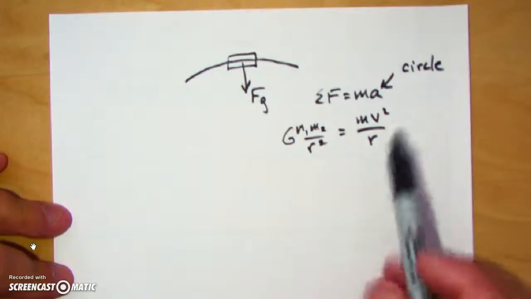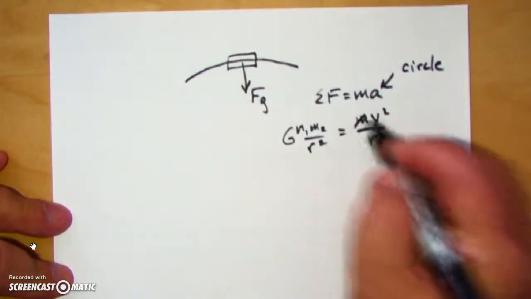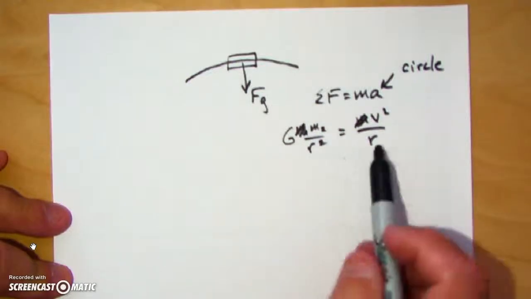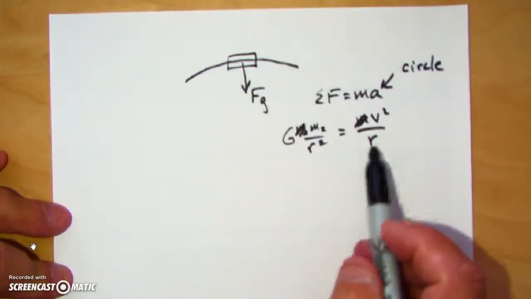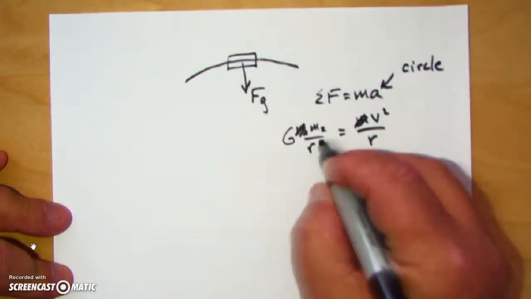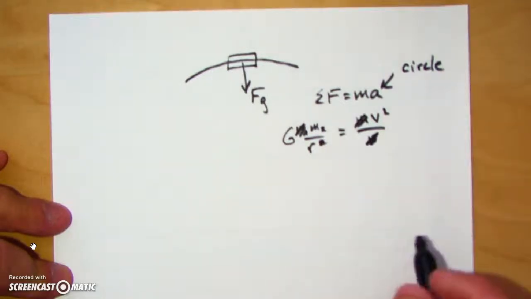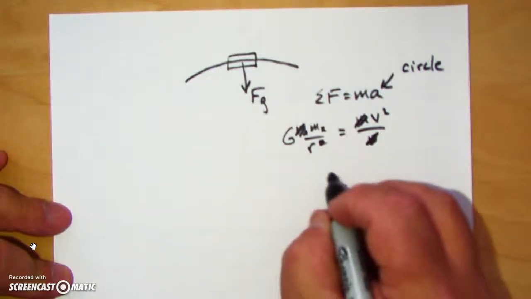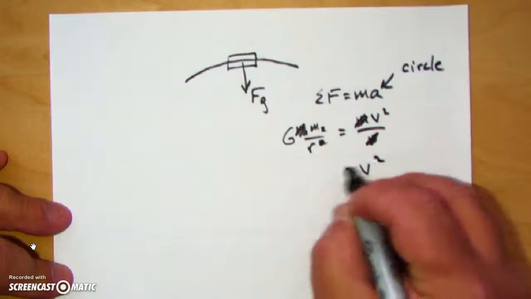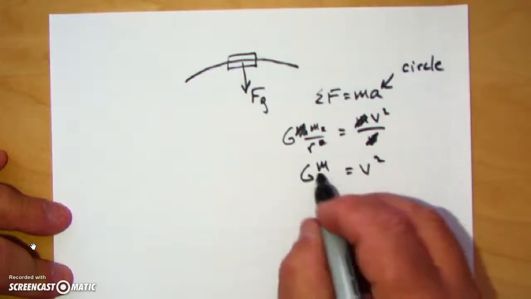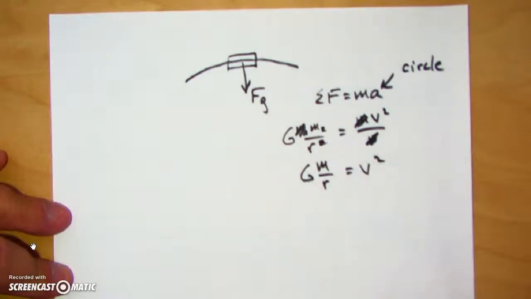And watch what happens with this. One of your m's cancels out, and one of your r's cancels out too. That r disappears completely. We get v squared is equal to big G times the mass of the planet, divided by the radius of the planet.